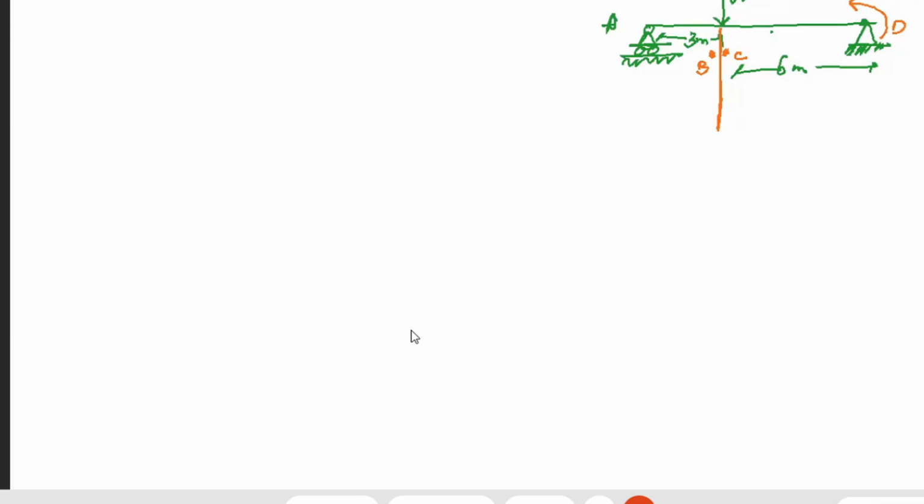At point D. Now here you can simply say, now drawing its free body diagram, you will be able to draw its free body diagram by what is the reaction at roller support? Can anybody tell me?